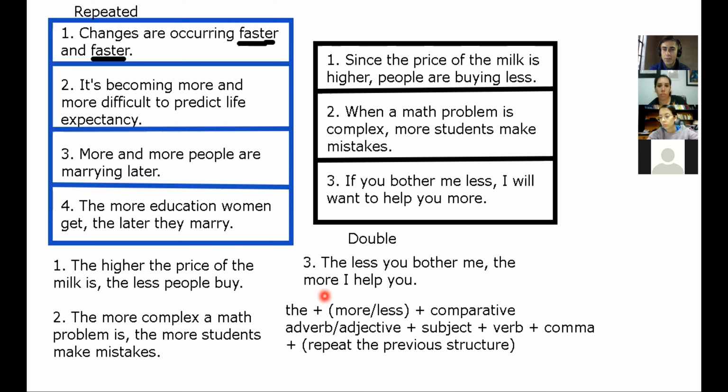Okay, perfect. Let's try one example with the double comparatives. A cause and effect. The more there are, the more populated the earth. Yes.